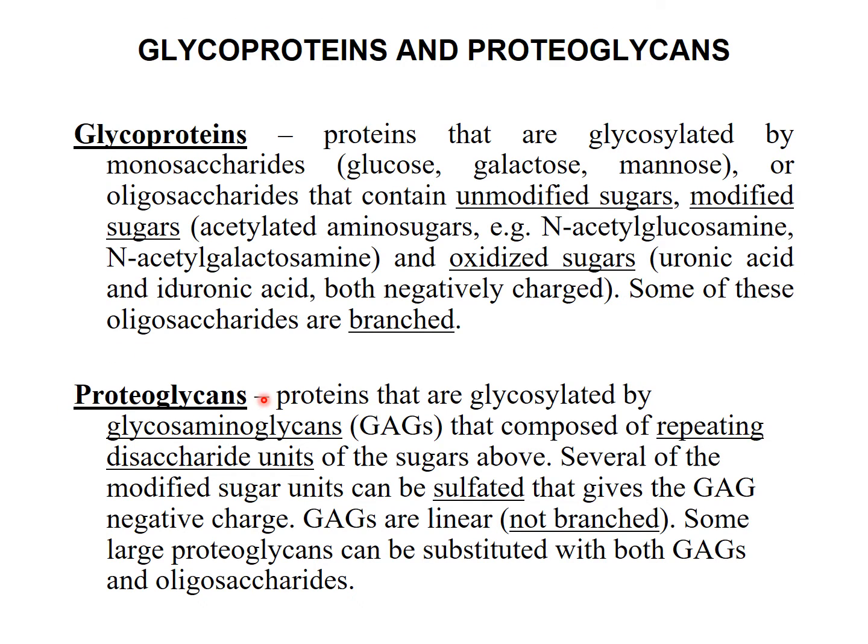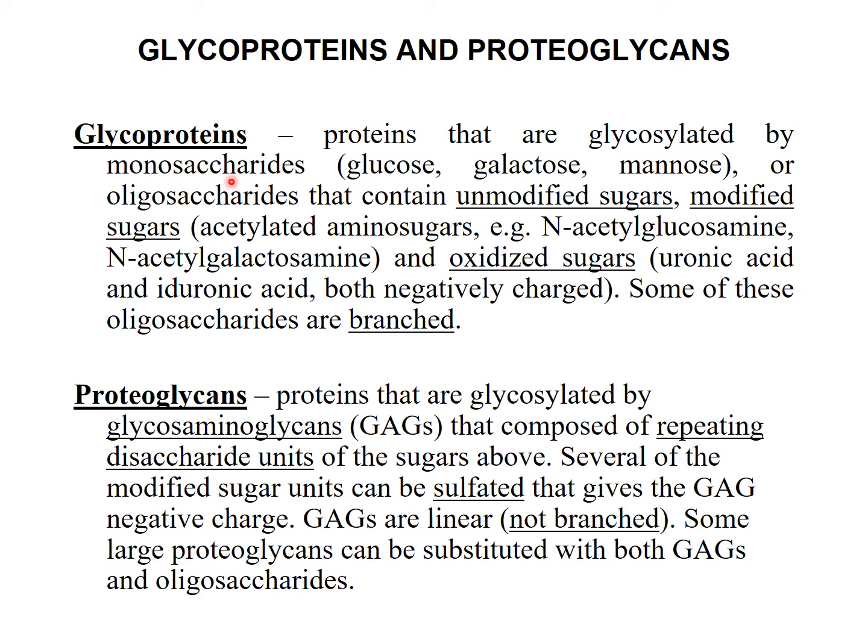Proteoglycans are different. There is also a core protein that you need to glycosylate, but this glycosylation is not by mono or oligosaccharides, but by so-called glycosaminoglycans or GAGs. These GAGs are composed of repeating disaccharide units, and they are further modified with sulfation. They are never branched. So what do I want you to remember?